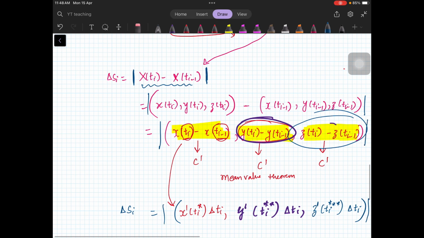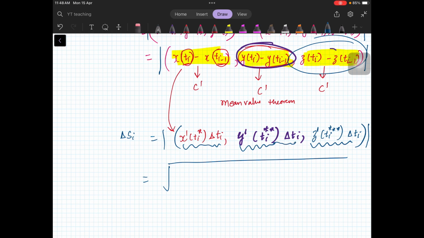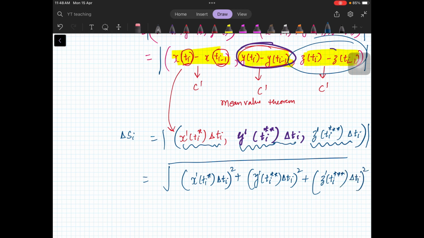Now you know how to find the magnitude of a given vector. The magnitude is the square root of the x component squared plus the y component squared plus the z component squared. So the x component here is x prime ti star times delta ti, squared, plus the y component, y prime ti double star times delta ti, squared, plus the z component, z prime ti triple star times delta ti, squared.